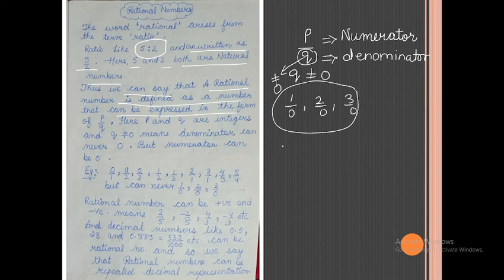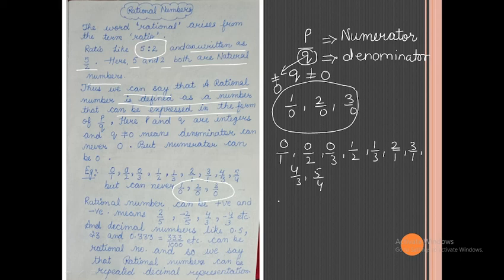But we can take numerator 0 like this: 0 by 1, 0 by 2, 0 by 3, and 1 by 2, 1 by 3, 2 by 1, 3 by 1, and 4 by 3, 5 by 4. But we can never take 1 by 0, 2 by 0, 3 by 0.